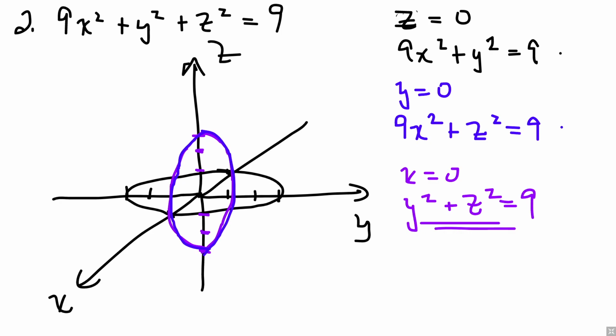So basically, starting here and making a circle all the way around this, and this will represent my graph. Any questions?